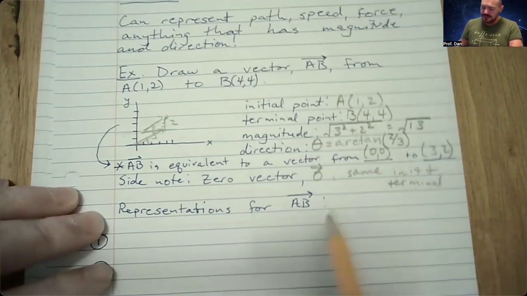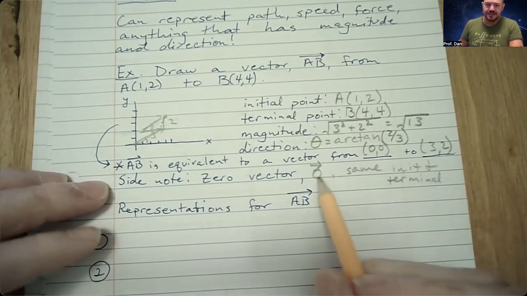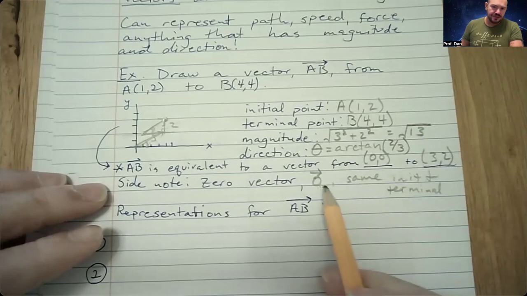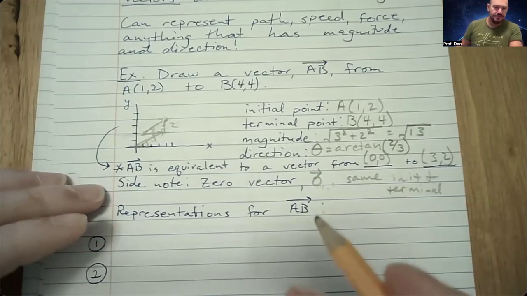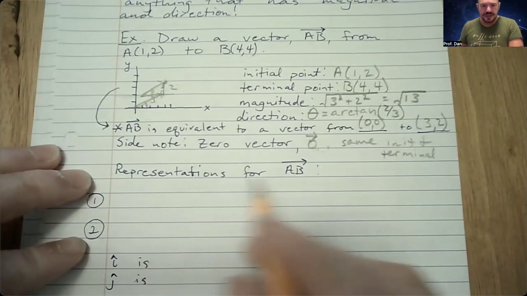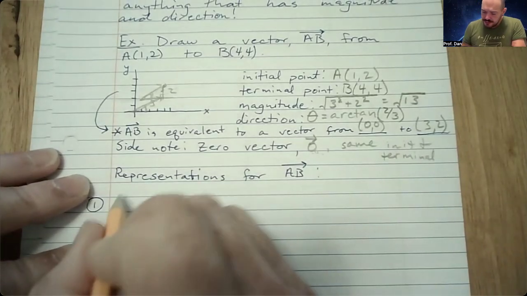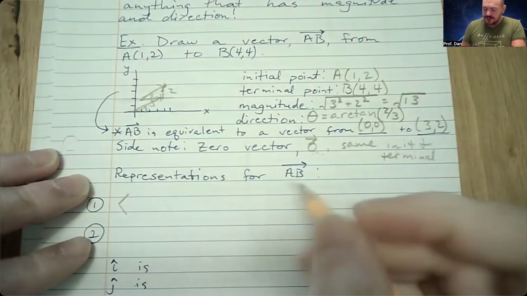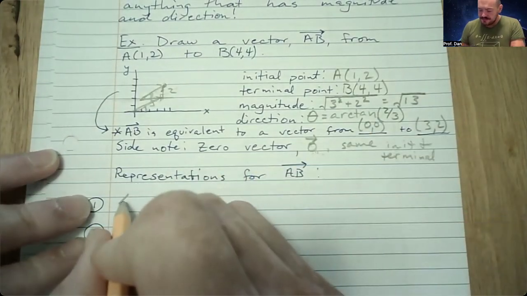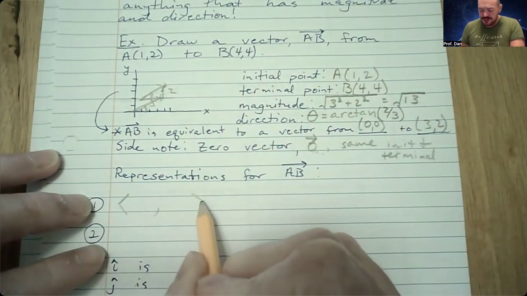So I bring this up because when you learn about different properties of vectors, this guy's mentioned a lot, and here you kind of gain an understanding of what it means. Okay, so representations. There are two ways that we could represent this vector AB. One is using pointy brackets. So the pointy bracket for this one basically separates into our two components.